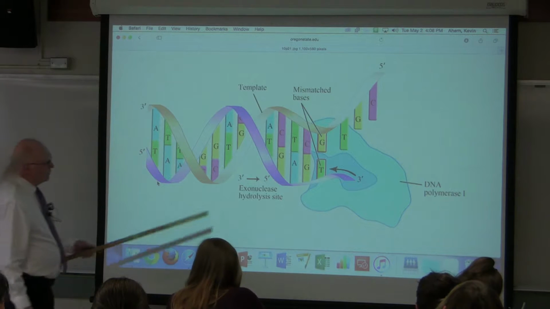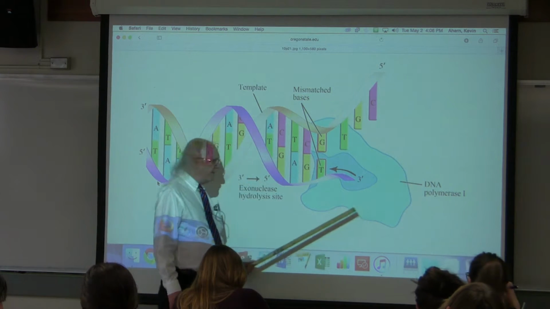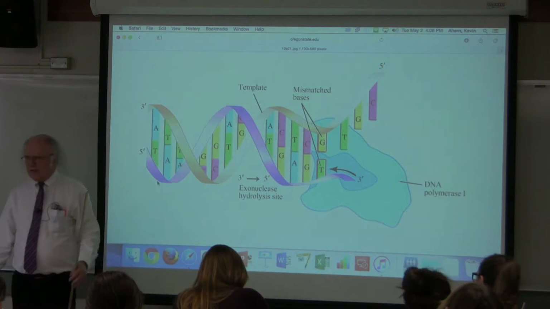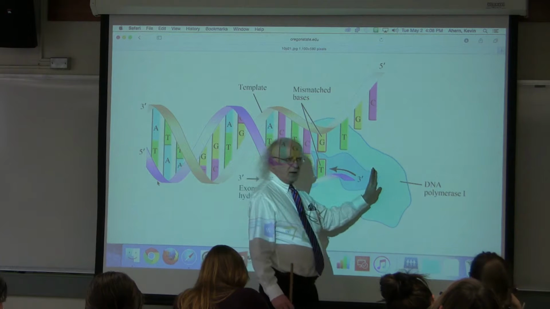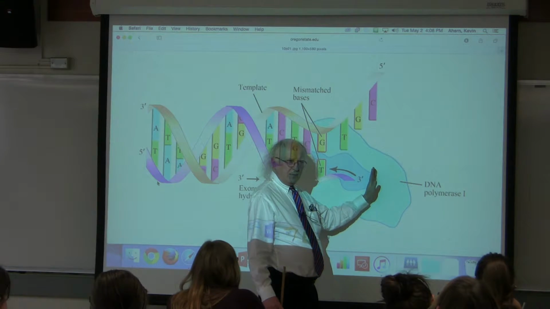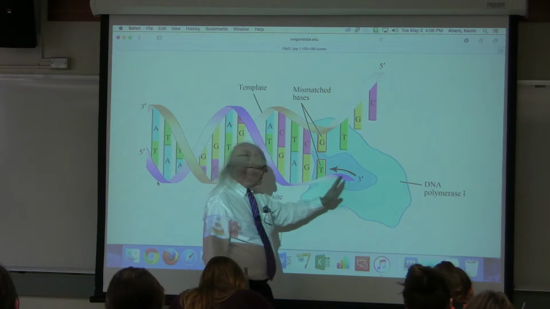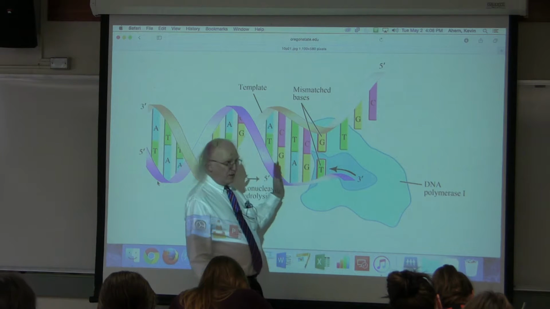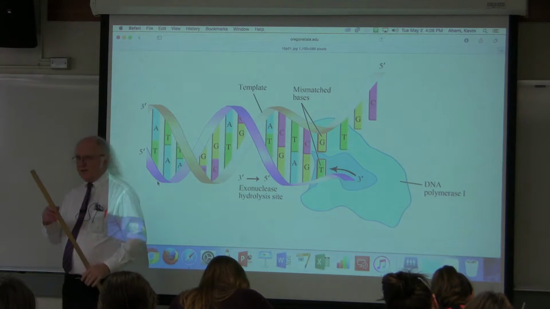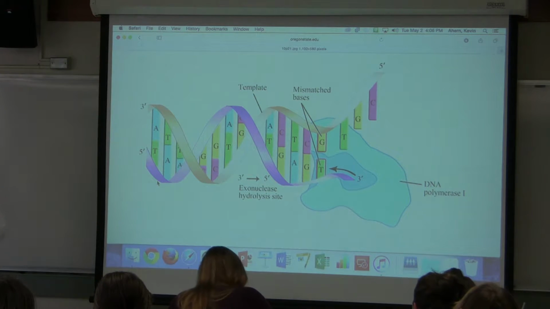I'm telling you now that both polymerase III and polymerase I have the proofreading exonuclease. And the proofreading exonuclease starts at the 3' end of the strand being made, and it starts working backwards. So that means that this proofreading activity is a 3' to 5' exonuclease, because it's starting at the 3' end and working backwards in the 5'.